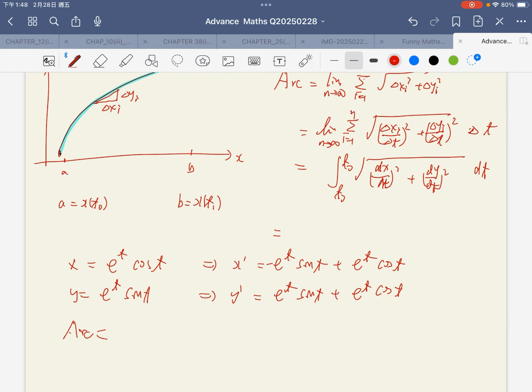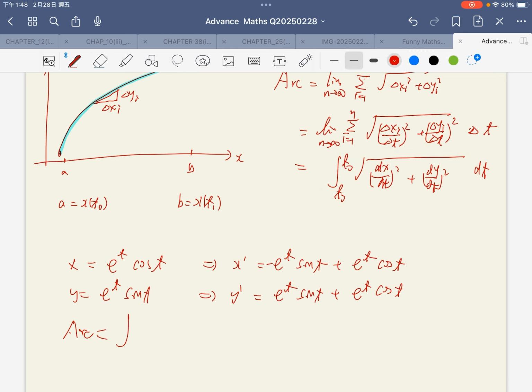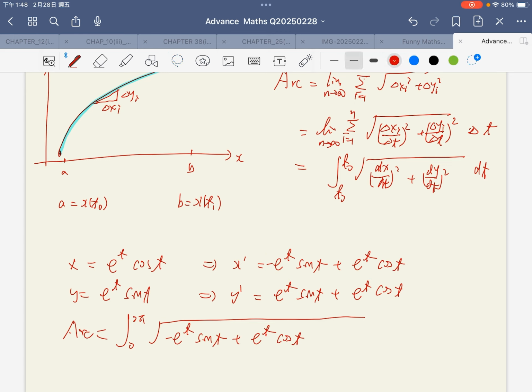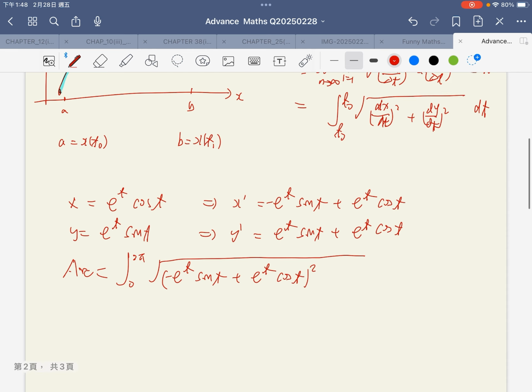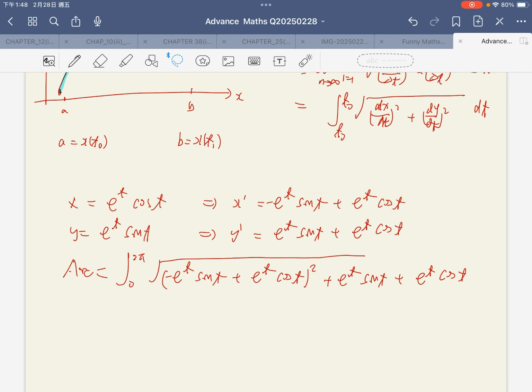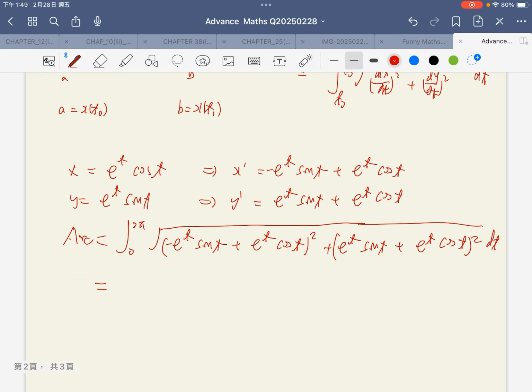Then put this into this equation. The domain is 0 to 2 pi, the square root of this one squared plus this one squared. It looks crazy because it looks like a very long expression.